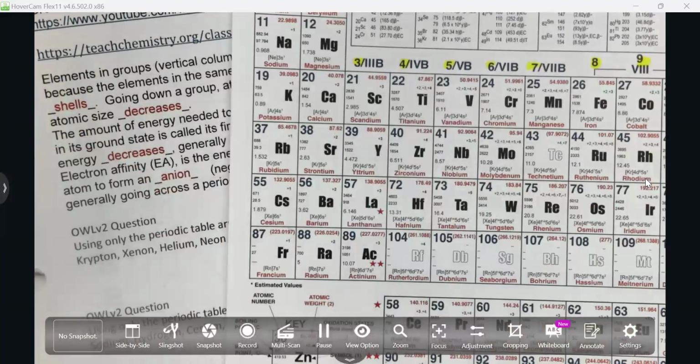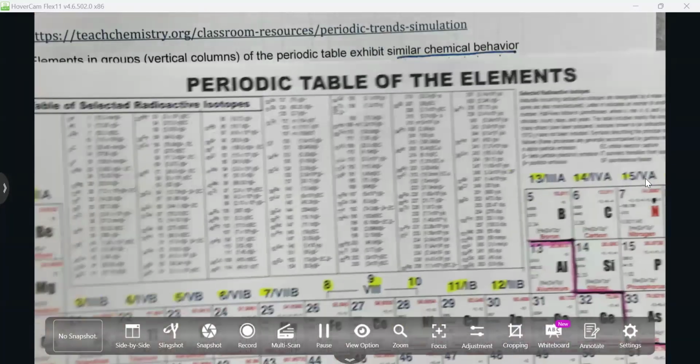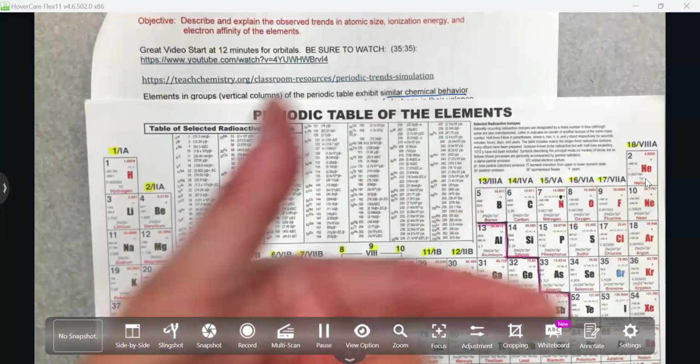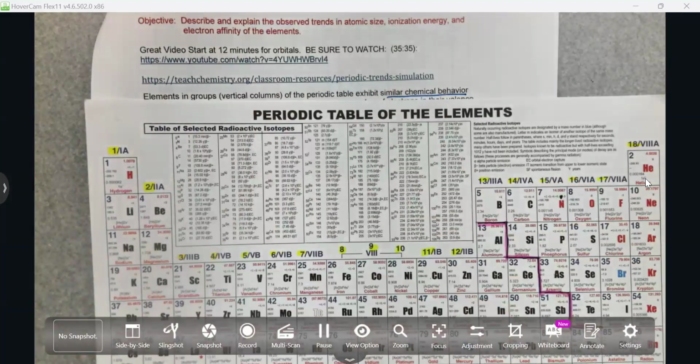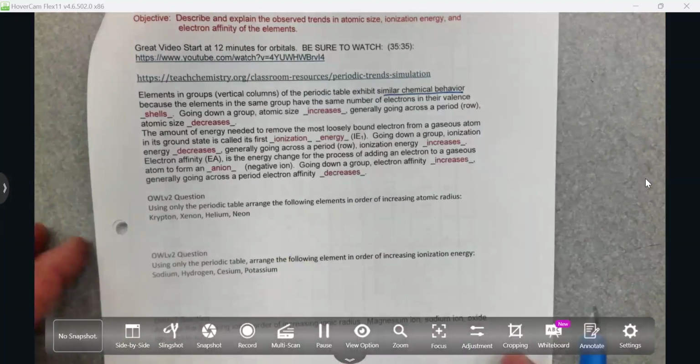It just gets bigger and bigger and bigger. You're adding electrons. You're adding more levels to get farther away from the nucleus to pack them in. So going down a group, atomic radius increases. Going across a row or a period, the size generally decreases. You're adding more protons to the nucleus, but you're not adding more levels.